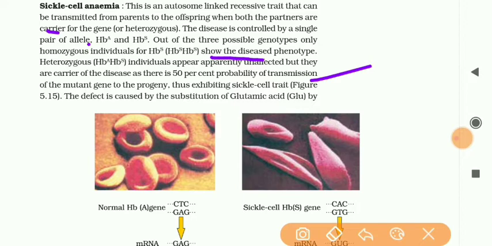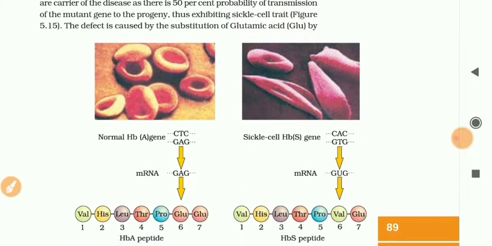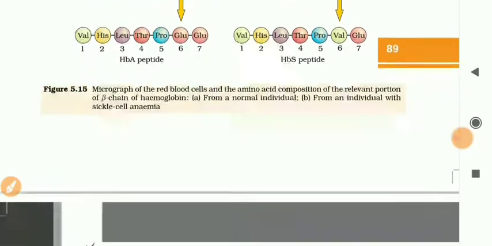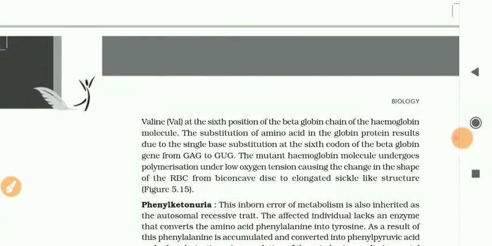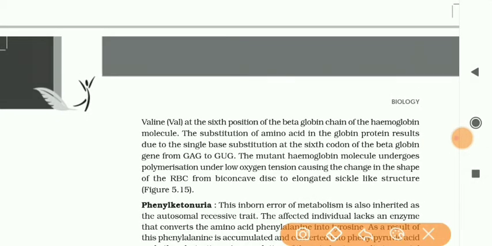The defect is caused by the substitution of glutamic acid by valine at the 6th position. It is a very important point: substitution of glutamic acid with valine in the 6th position of the beta globin chain of the hemoglobin molecule.